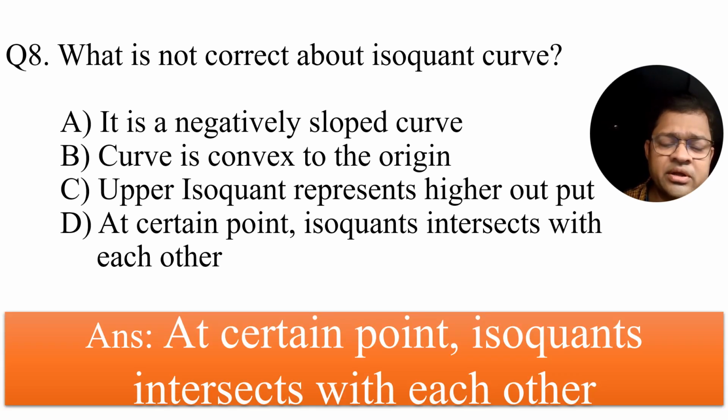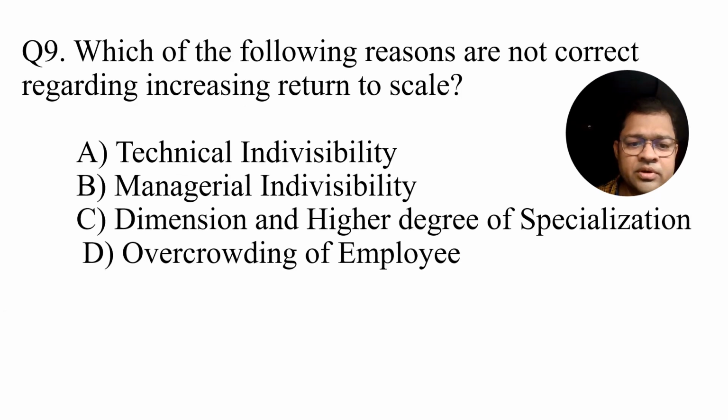It's the wrong statement. Any isoquant curve never intersects at any point of time. They are completely different from each other. The other three assumptions are correctly highlighted. So answer number 4 is your choice. It's the incorrect statement in connection to the isoquant curve.